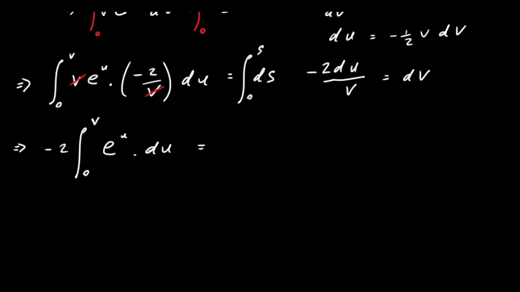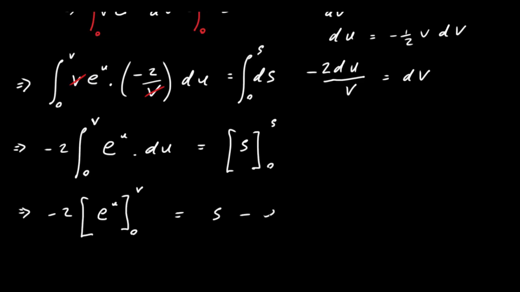If I integrate 1 ds here, I'll just get s, and the limits here are 0 to s. So now I've got minus 2, and I've got to integrate e to the power of u, which is just going to be e to the power of u, from 0 to v, and then on the right hand side I've got to put in s minus 0, if you like.